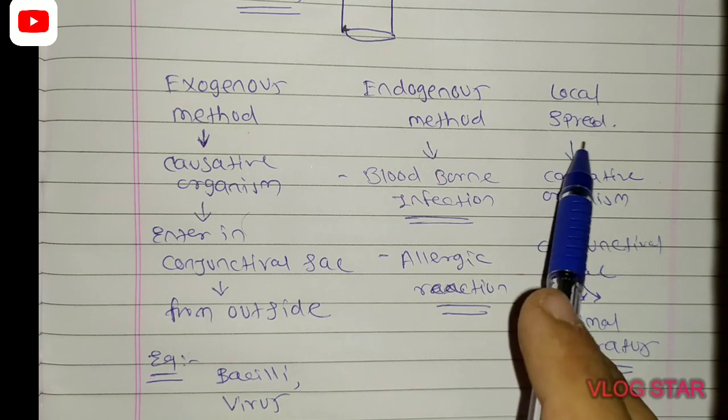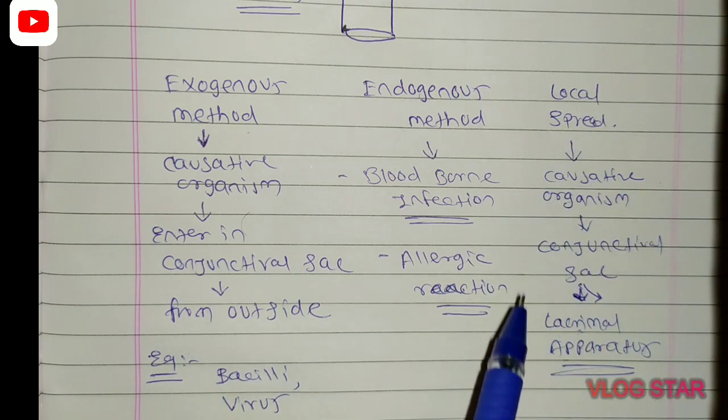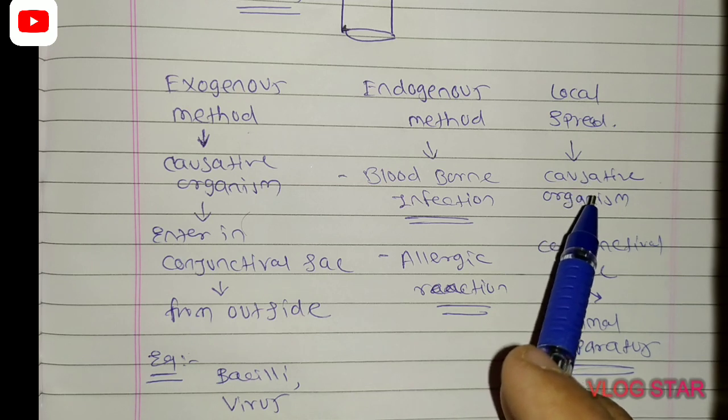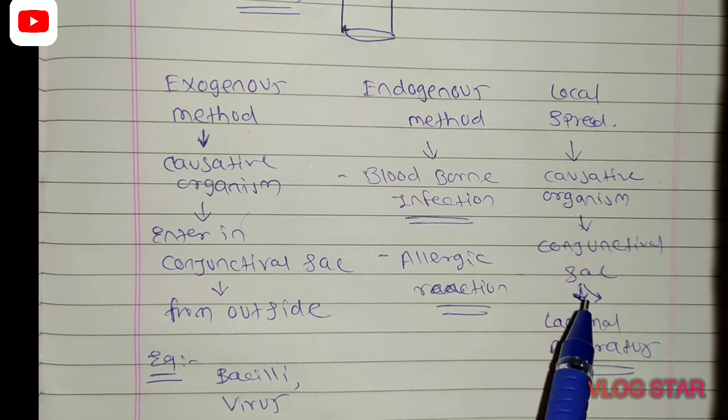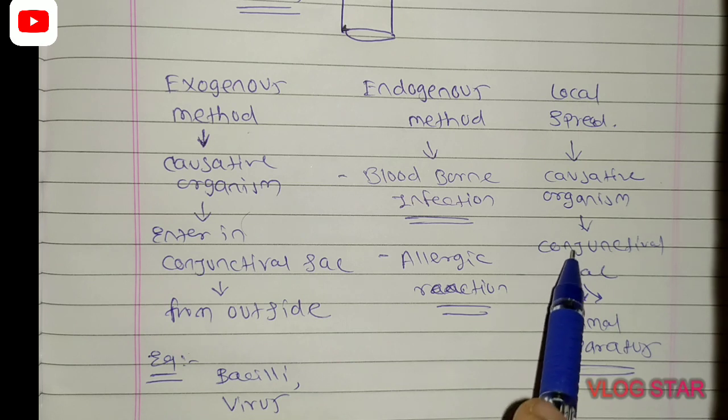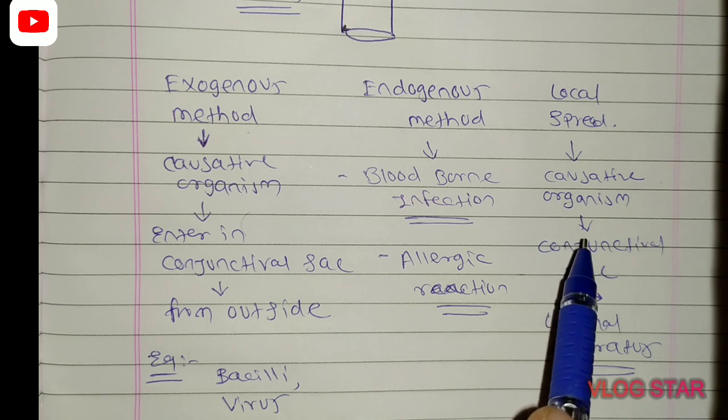Then there is local spread. In this local spread, the causative organism is initially present in the structures neighboring the conjunctival sac, for example the lacrimal apparatus. So this causative organism goes from the lacrimal apparatus towards the conjunctival sac, and finally it causes the infection, and further it causes inflammation of the conjunctiva, that is conjunctivitis.